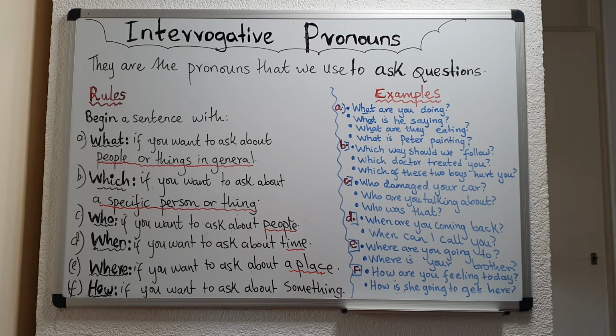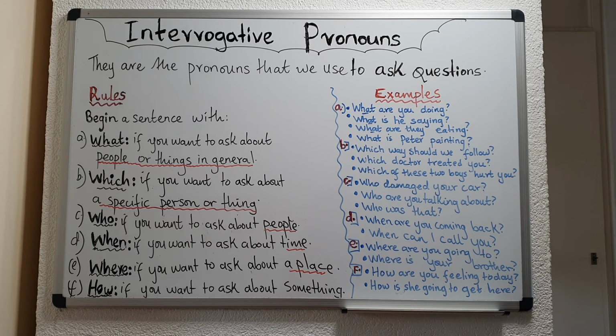So if you want to ask about the specific details about something, especially how something is going to happen, then begin your sentence with how.